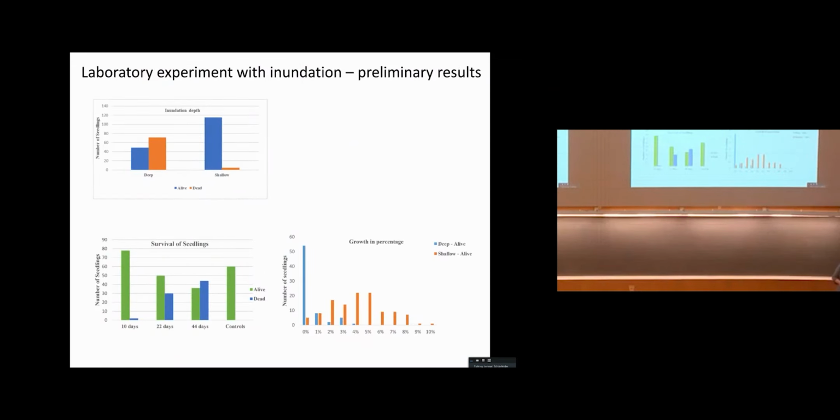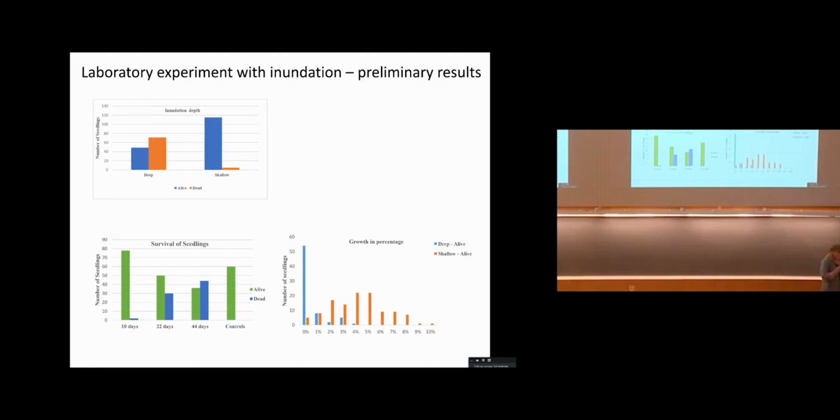And here is a little bit of the results from the laboratory experiment. So we had 2 kinds of treatments, deep flooded and shallow flooded. And we also looked at survival of seedlings at different times. So we had intervals of 10 days, 22 days, 44 days, and then we had controls that were obviously not flooded to compare with.